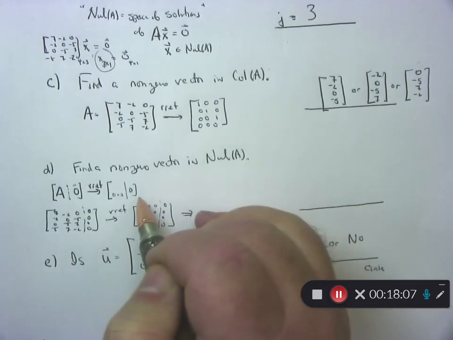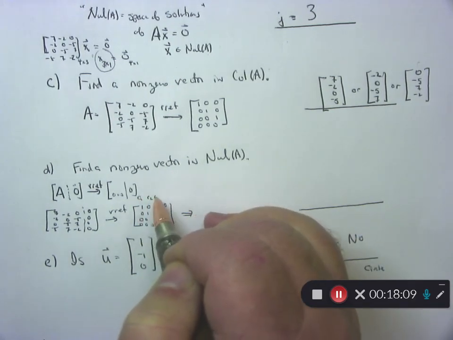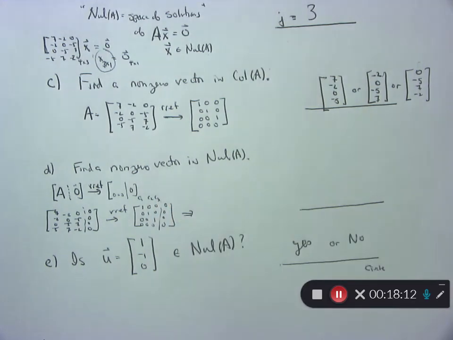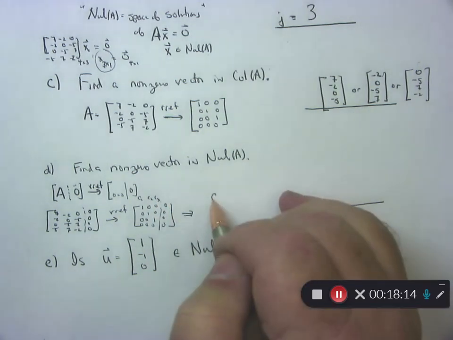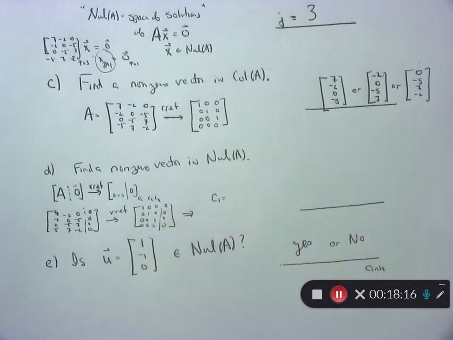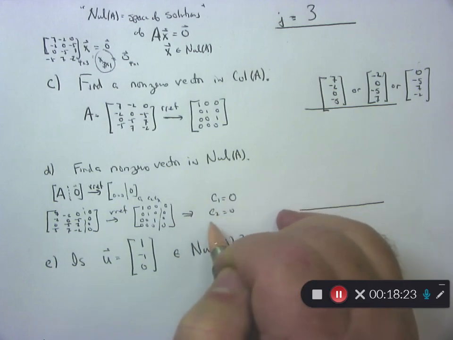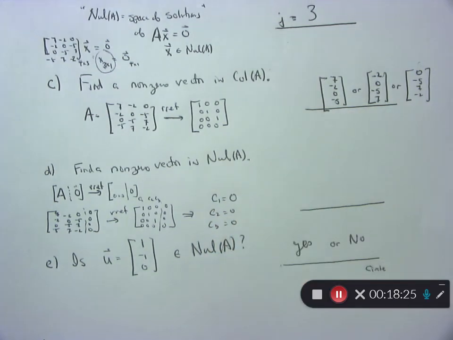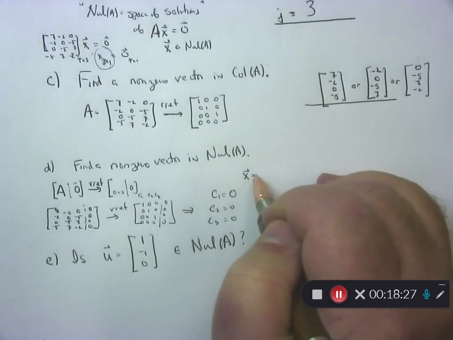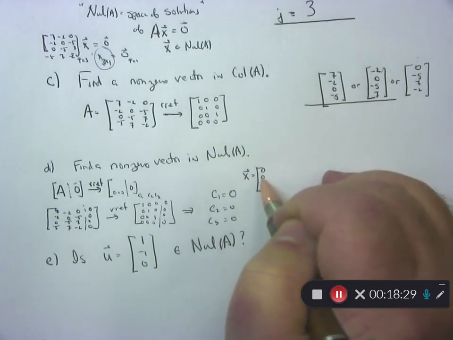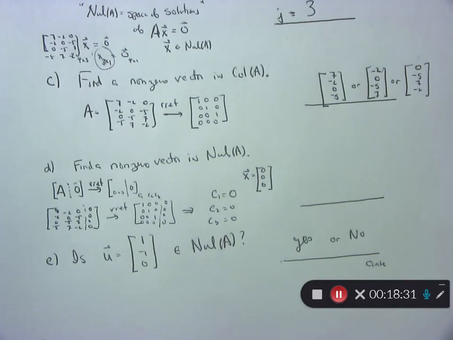What is this telling me? This is like C1, this is C2, and this is C3 here. What is C1 equal to? Remember, go right back to equations. C1 equals 0. What's C2 equal to? 0. What's C3 equal to? 0. So what is the X vector equal to? If it's going to solve this, there's only one of them: 0, 0, 0.